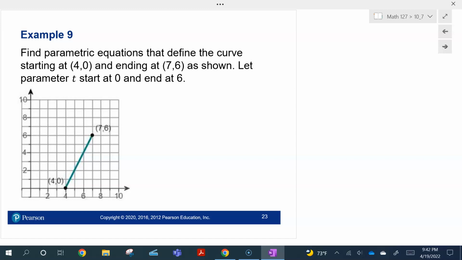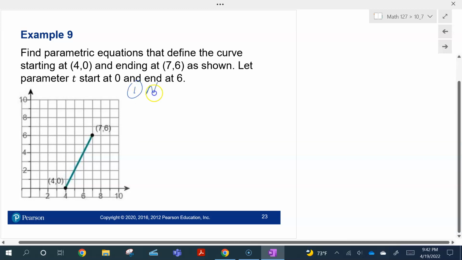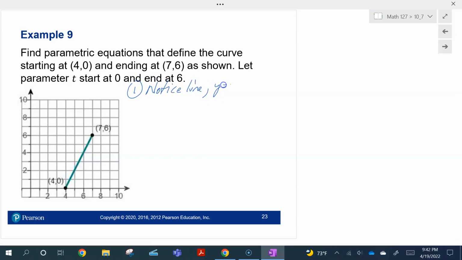So notice it's a line, so I want to get it in y equals mx plus b form. I'm going to find the equation for that line first and then get the parametric equations from that.